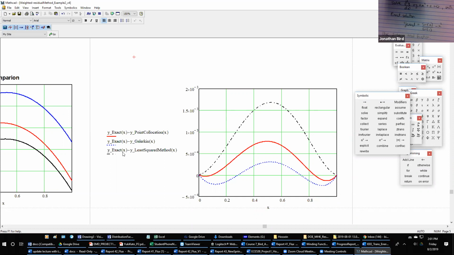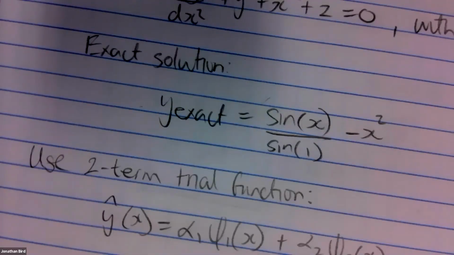The black one is the least squares, and the blue one is the Galerkin. And so you can see the error difference for the Galerkin is the lowest. So the Galerkin is the most used approach because it gets you, in general, the least error.